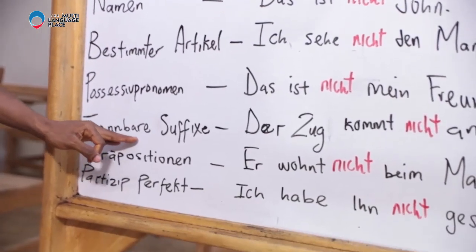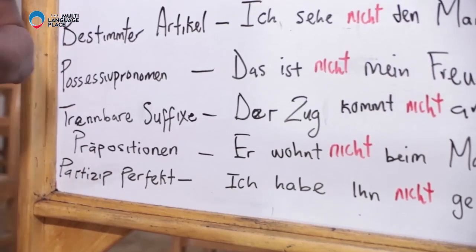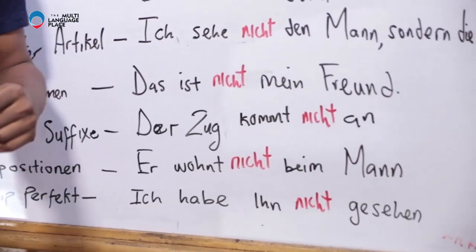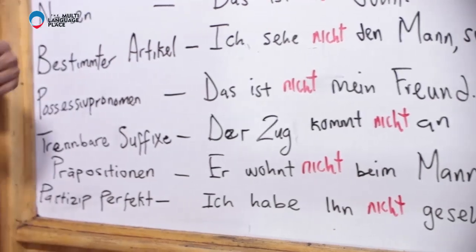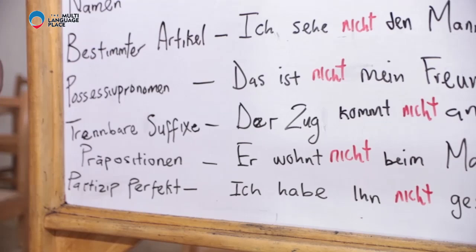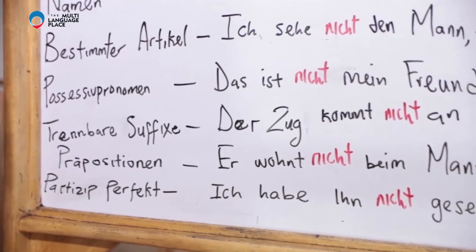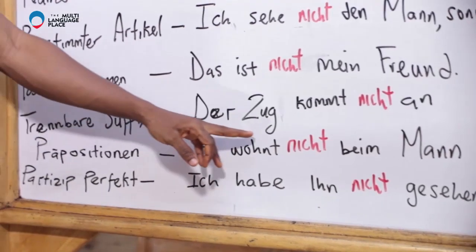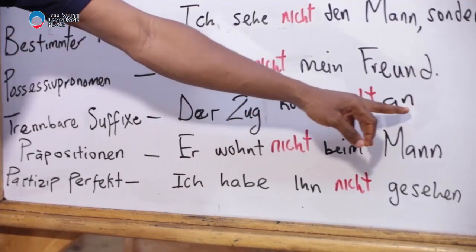What of when we have separable verbs? The prefix that we throw to the back in our sentence formation, nicht has to come before that prefix. Look at this one: Der Zug kommt nicht an.